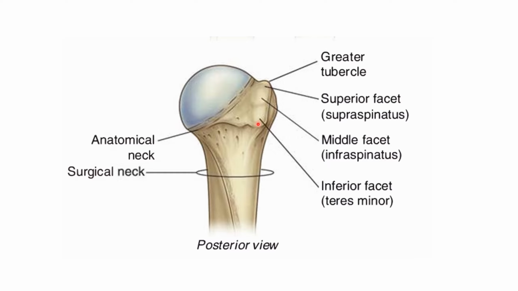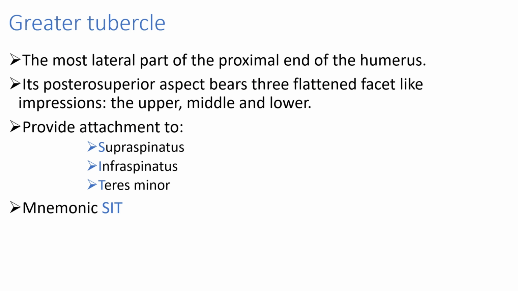Then these are sites of attachment. We have the greater tubercle, with the superior facet where the supraspinatus muscle attaches, the middle facet, and the inferior facet. So it provides a site for attachment of the SIT muscles: supraspinatus, infraspinatus, and teres minor. The greater tubercle is the most lateral part of the proximal end of the humerus, as we have seen in the diagram.